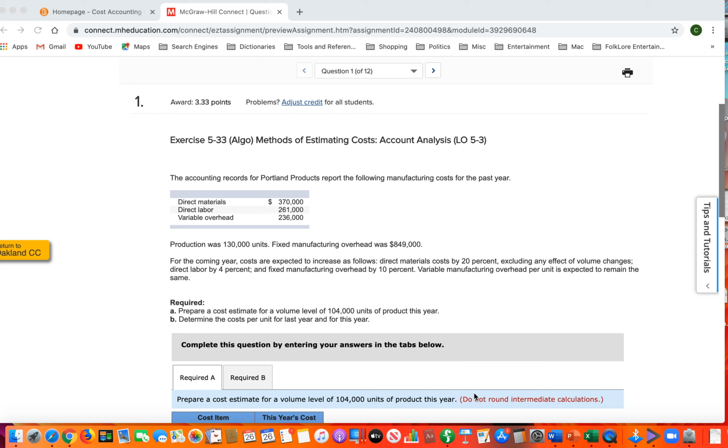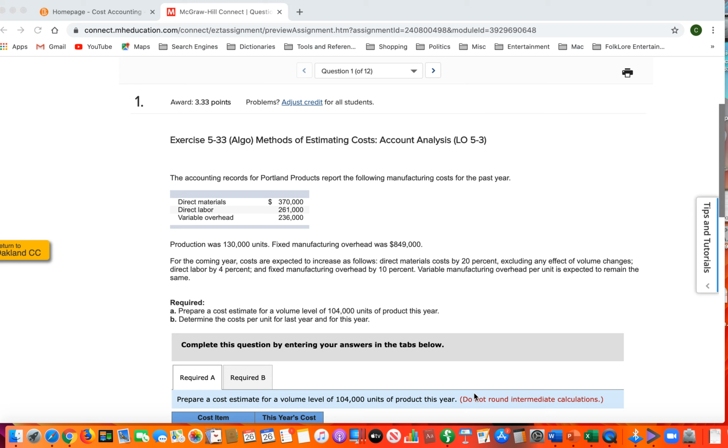So you take the 444,000 times 0.8, 80%, and that gives you 355,200 for your direct material. Then you're going to take 271,440 times 0.8, 80%.